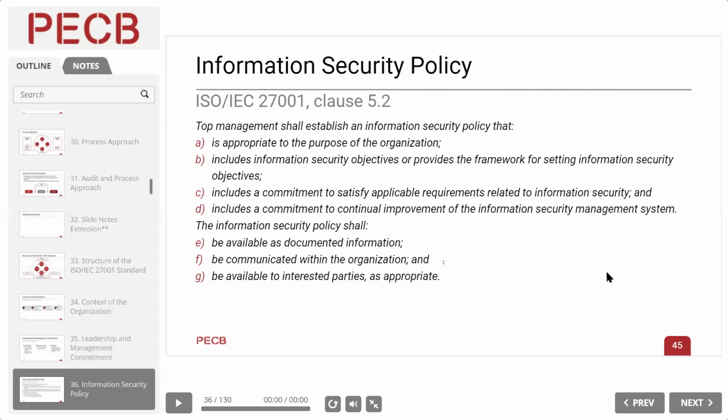And as an implementer, we need to ensure that all these provisions within this clause are fulfilled. So this is the policy that establishes the information security management system. This is a high-level policy statement.